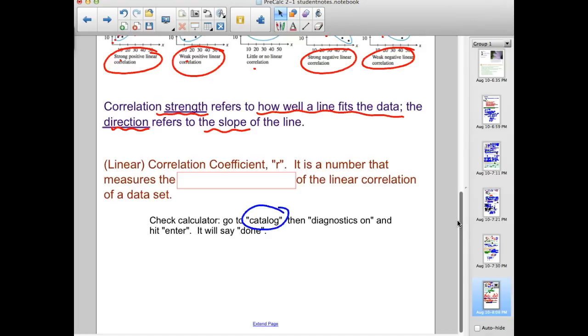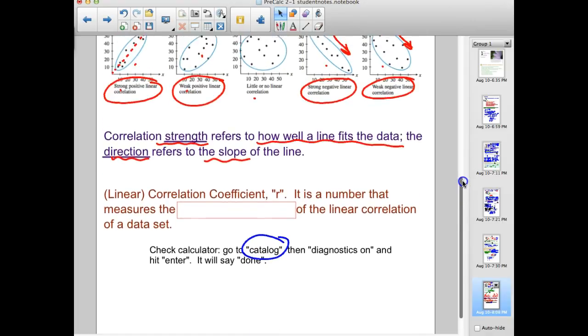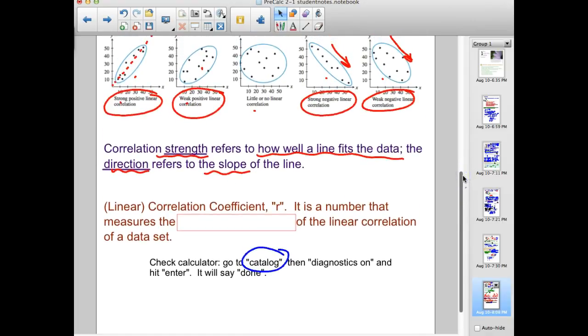So if you've had your calculator cleared for maybe a standardized test or something, it can change that. So I just want to make sure everybody has theirs on. Did everybody get it to say done? Okay, so it's turned them on.